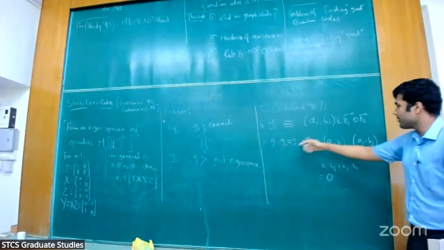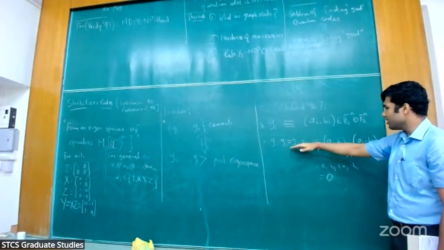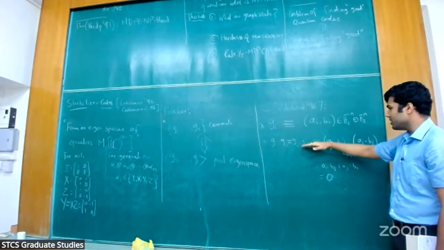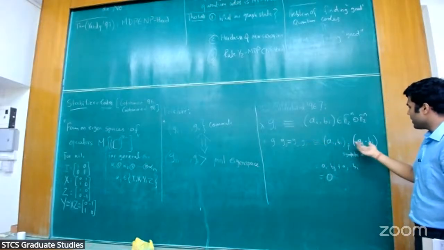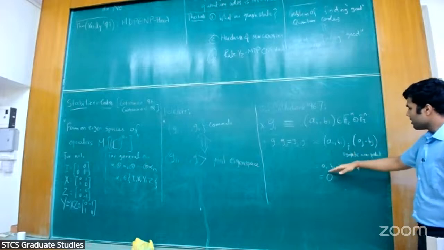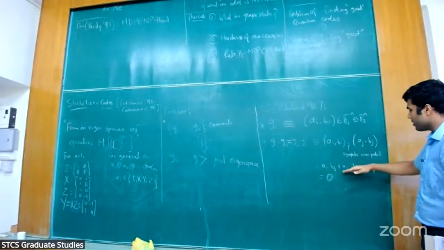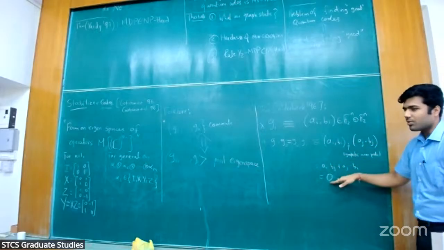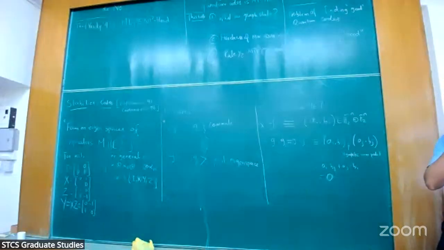So if I have g_i, g_j equal to g_j, g_i, and if their corresponding vectors were a_i, b_i and a_j, b_j, then the condition is this commutation is exactly equal to this inner product being zero. Sorry, what is the hypothesis of this?